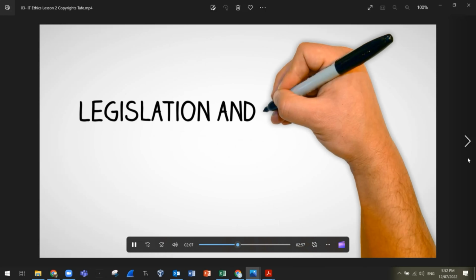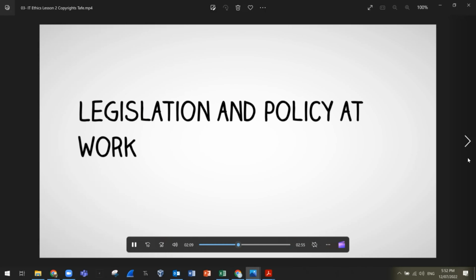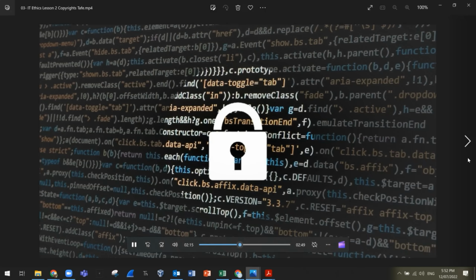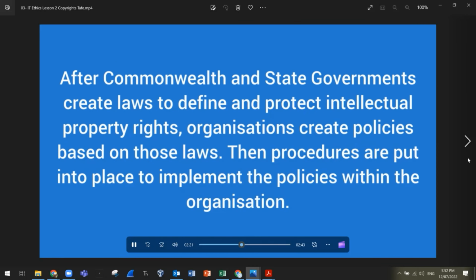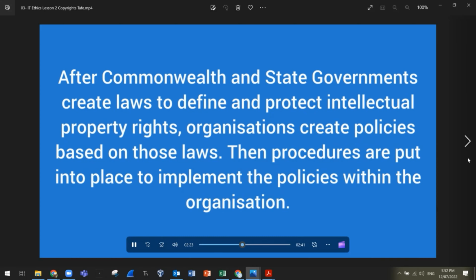Legislation and policy at work. After Commonwealth and state governments create laws to define and protect intellectual property rights, organizations create policies based on those laws.